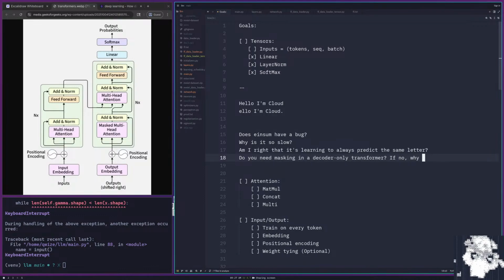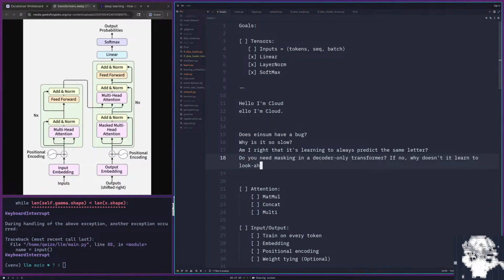If no, why doesn't it learn to look ahead to predict all the non-last tokens? I don't know the answer to this. And maybe we'll have to figure it out empirically by just trying stuff.